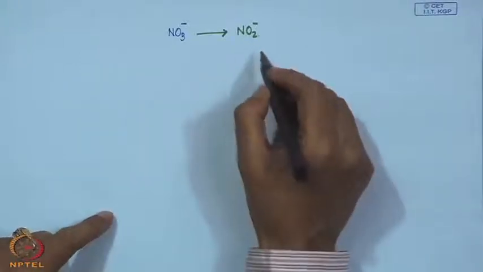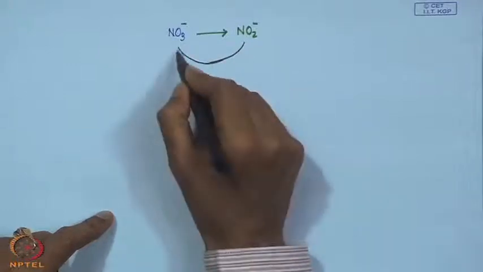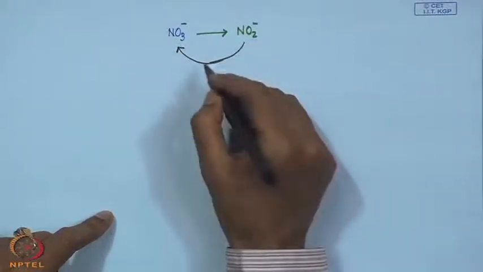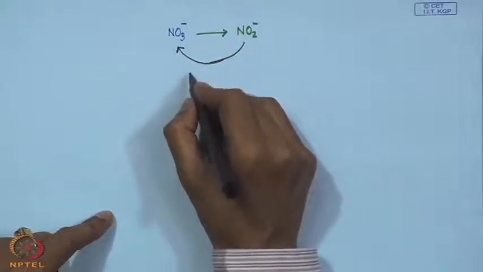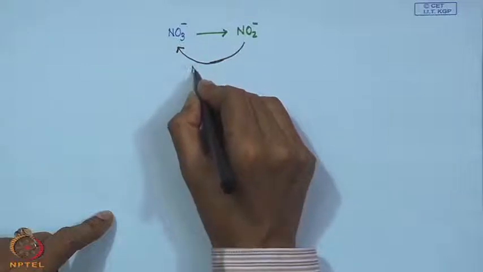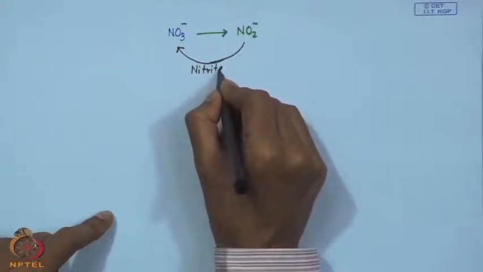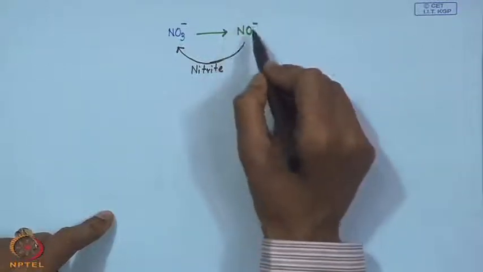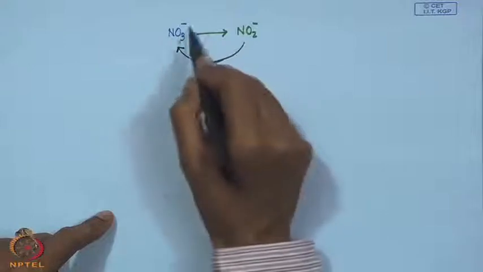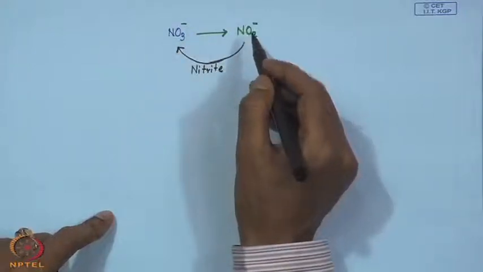And when we go back from nitrite to nitrate, this is present in some bacteria again, and it acts on the nitrite ion, converting it to nitrate, that means the insertion of one oxygen. So, this is an oxidation reaction.